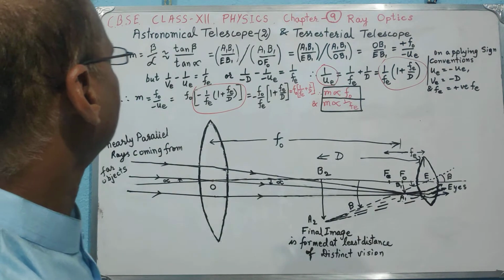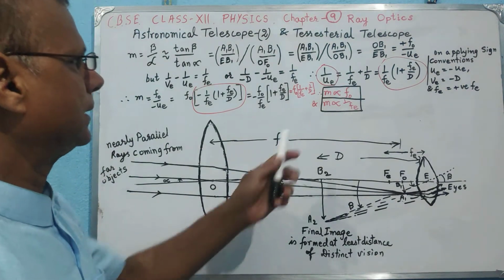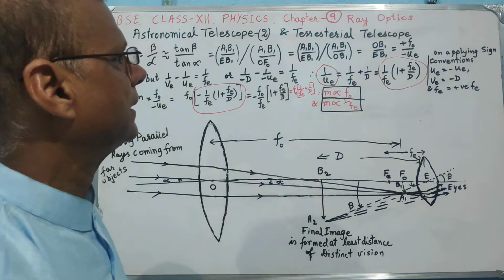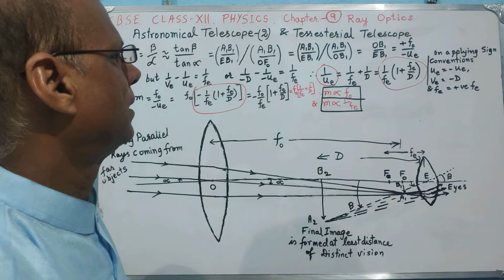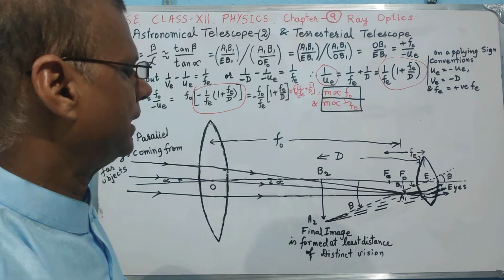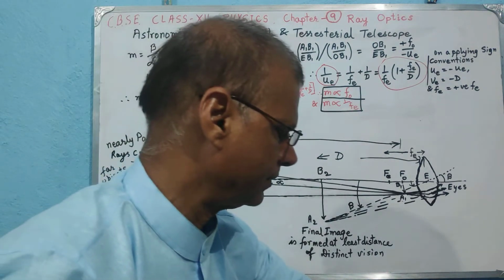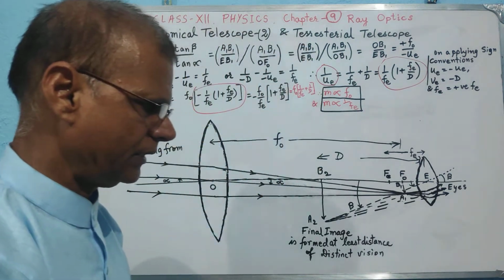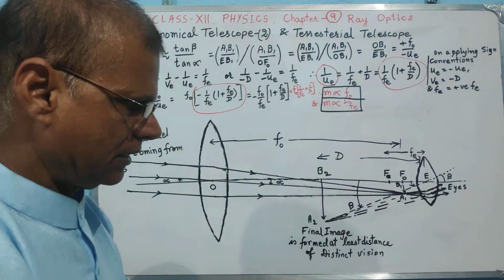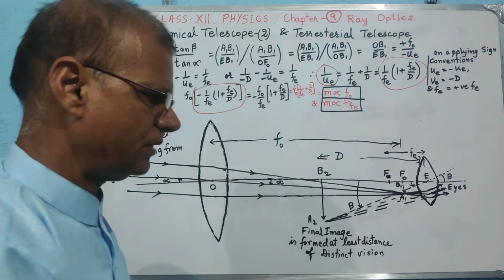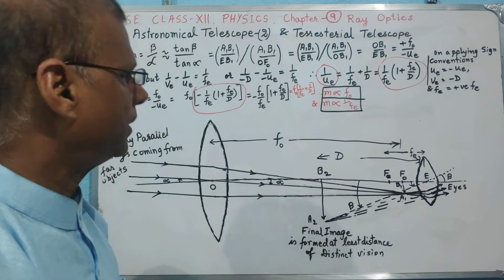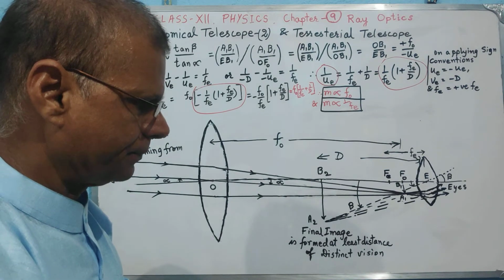This is all about the astronomical telescope. In this case, you see, certainly the magnification is enhanced. If you compare with the previous case, you have seen that the magnification for the astronomical telescope, when it is focused for infinity, means for normal adjustment, was equal to FO by FE.